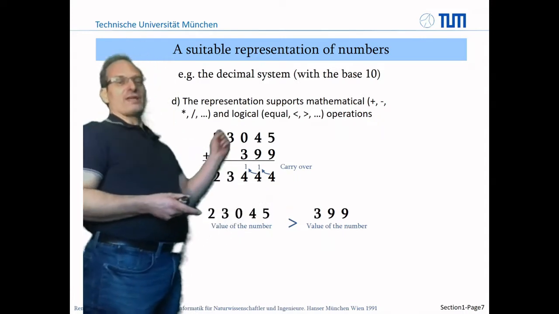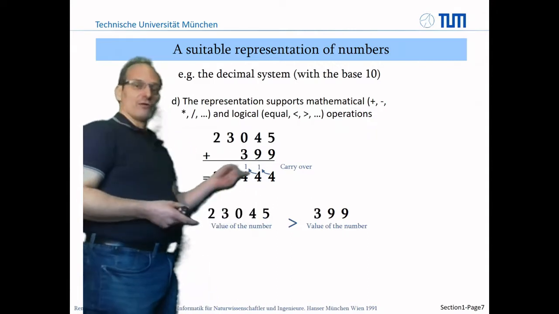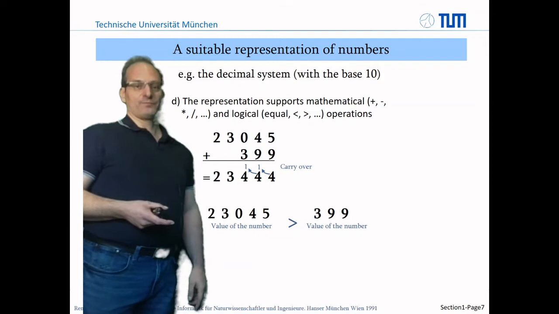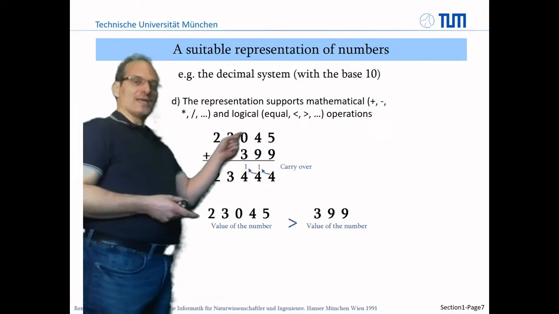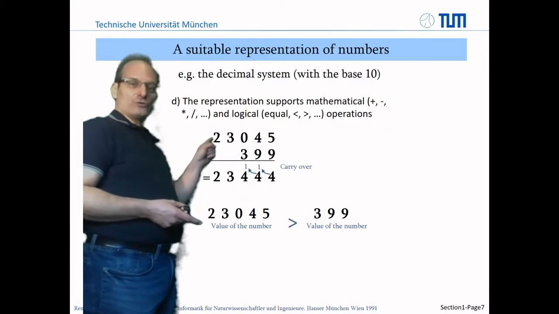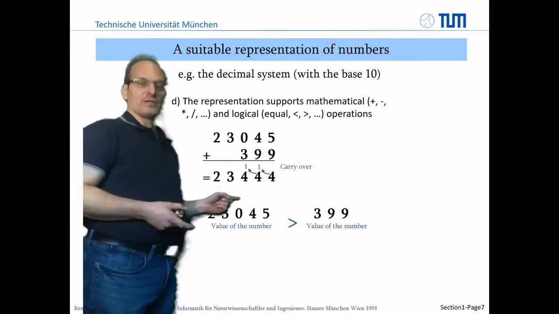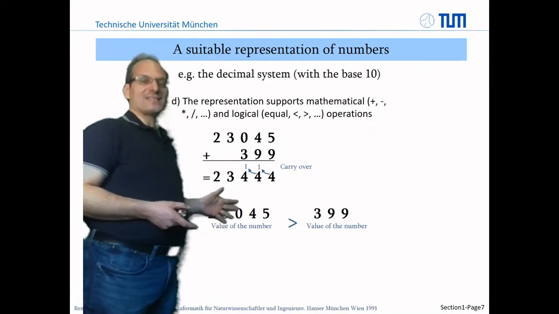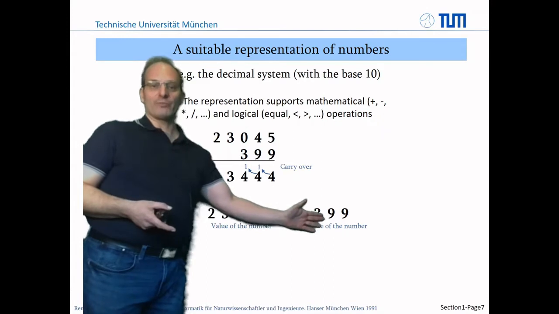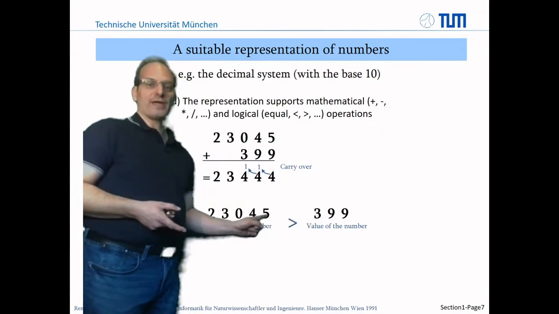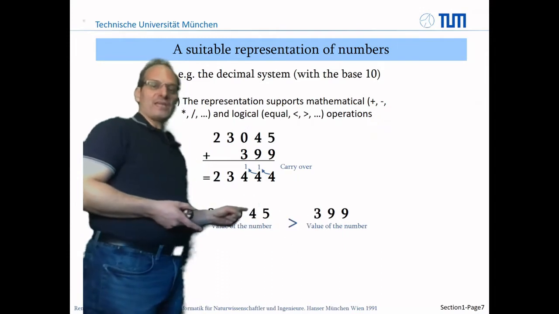We can create operation methods for all of the operations. And what is also easily possible in this way, if we have this valued system, is that we can compare the numbers quite easily. If we take a big number and compare it to a smaller number, we just have to compare the length, and then we compare each value.